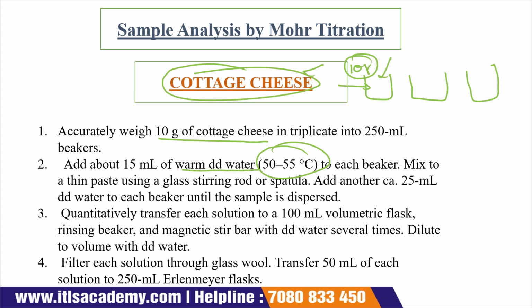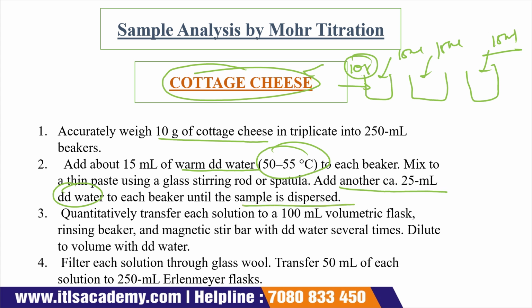Suppose that here we add 15 ml, here we add 15 ml, and here also we add 15 ml. Okay, now we stir it either with a glass rod or with a spatula. Then after that we add 250 ml of deionized water again to each of the beakers until the sample is dispersed.